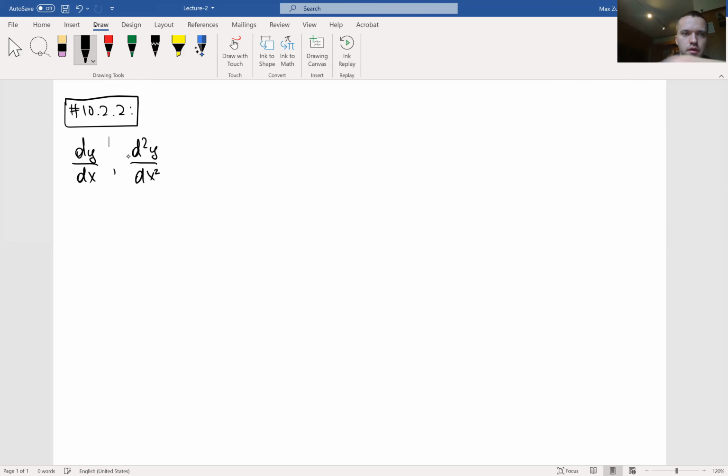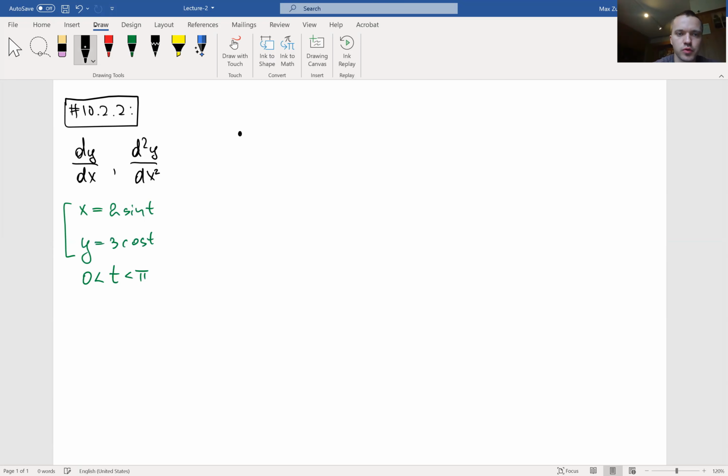We are given this parametric equation: x is equal to 2 sine t, and y is equal to 3 cosine t, where we restrict t between 0 and pi. For the first derivative, you shouldn't experience any problem.